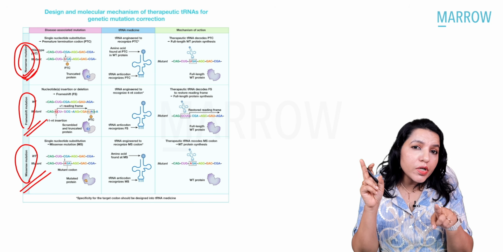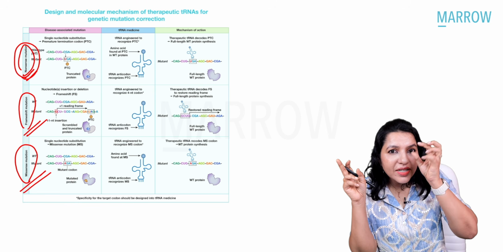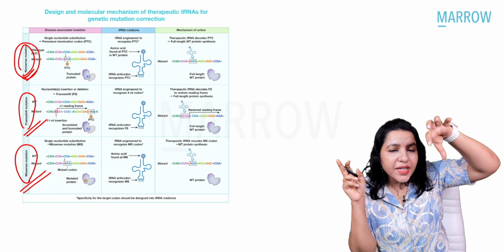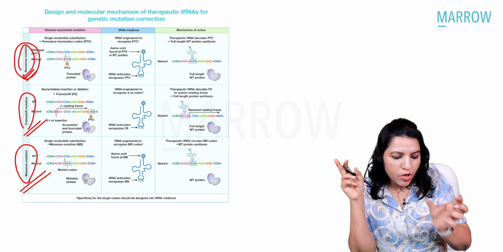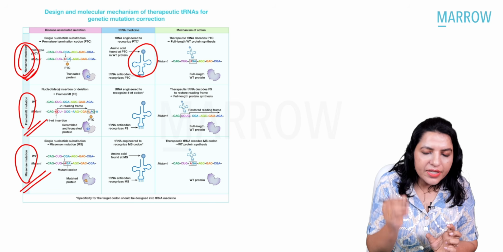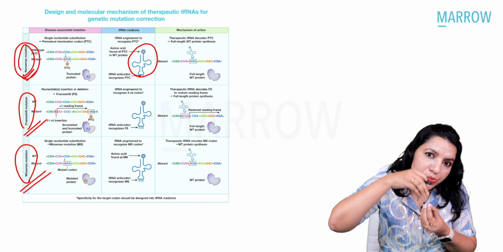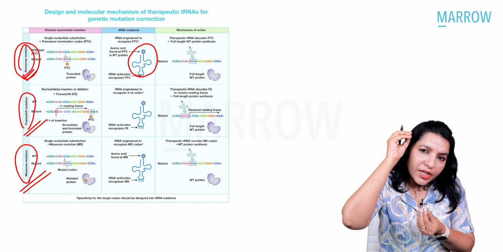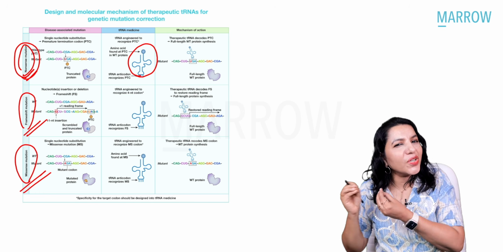Then we will genetically engineer a tRNA so that its anticodon arm can bind to this nonsense codon, or stop codon. That is what is shown here: a genetically engineered tRNA whose anticodon can bind to this mutated region and codes for the same amino acid, so that there is no change in the phenotype.